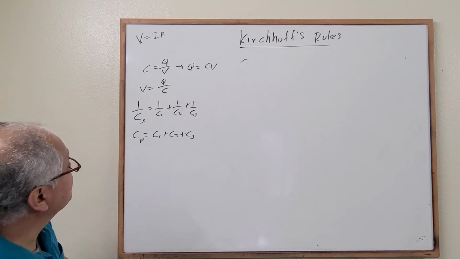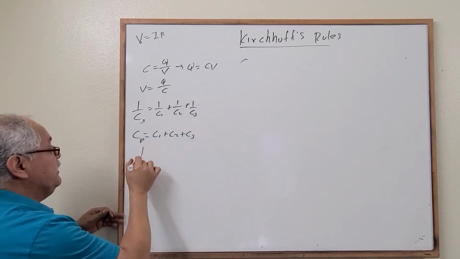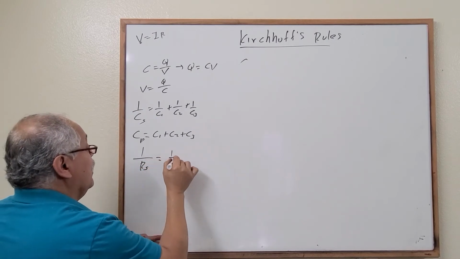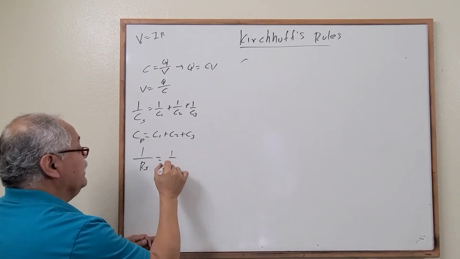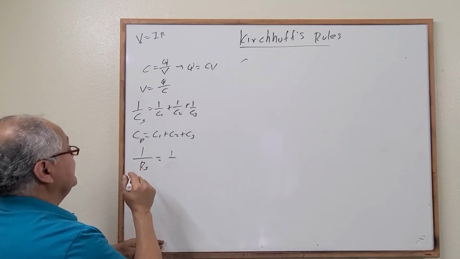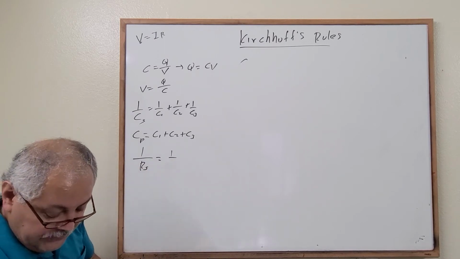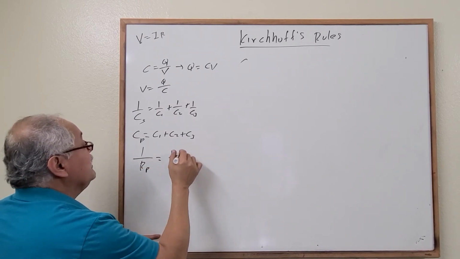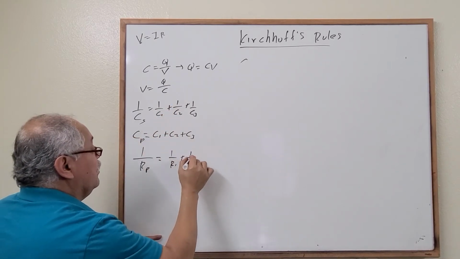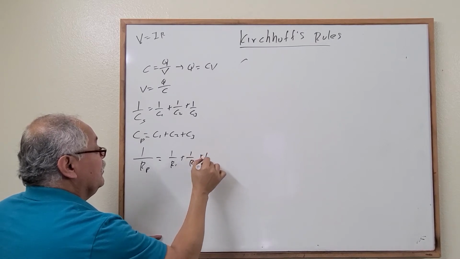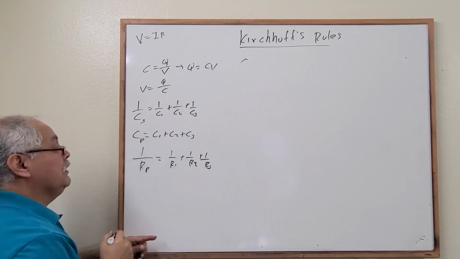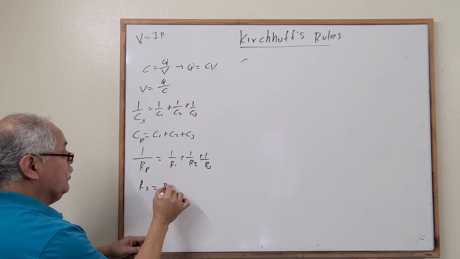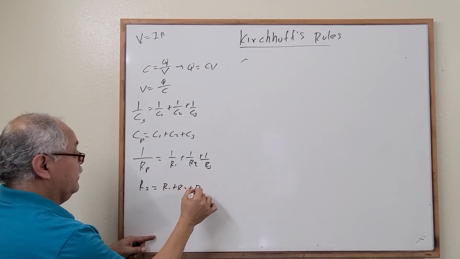For the resistors, we know from the previous videos that for resistors in parallel, 1/R equals 1/resistor 1 plus 1/resistor 2 plus 1/resistor 3. These are the inverse. And resistance in series equals R1 plus R2 plus R3.